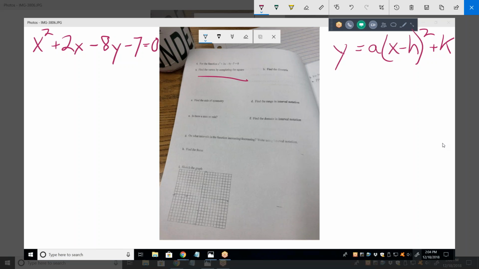First of all, what do I want to do? I'll solve for y. I want to make it look like this thing on the right. Well, this thing on the right has y all by itself on the left side of the equation. So I'm going to move the 8y to the other side.